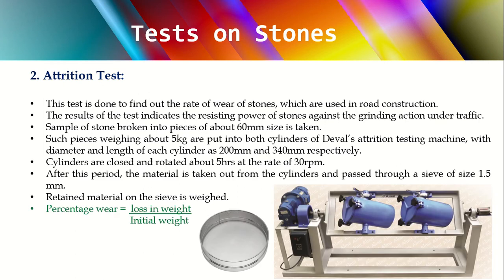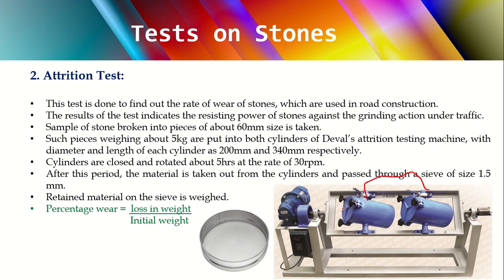If you see here in the Deval's machine, we have two cylinders. Whatever 5 kg of sample you have taken, put 2.5 kg in one cylinder and 2.5 kg in the other cylinder. Then we have spherical steel balls; put around 6 steel balls in one cylinder and another 6 balls in the other cylinder.